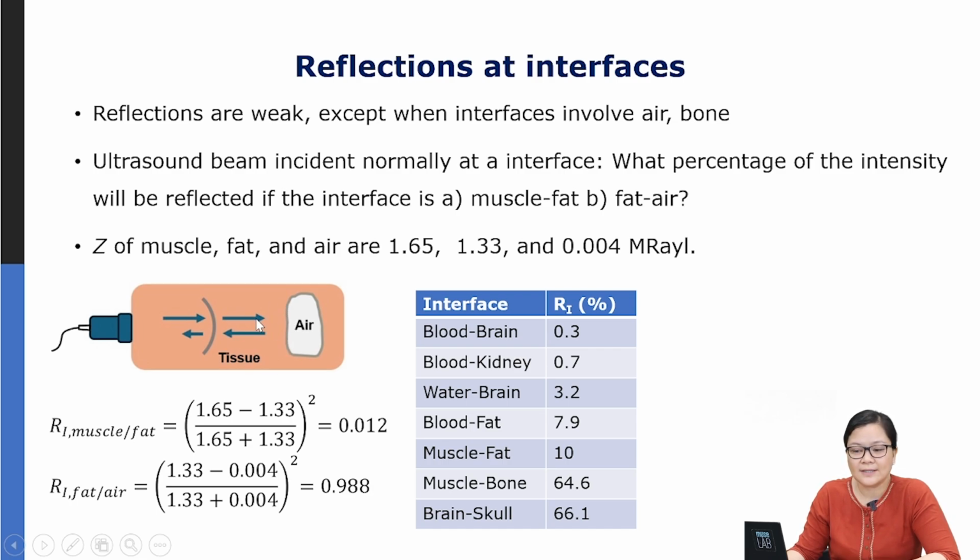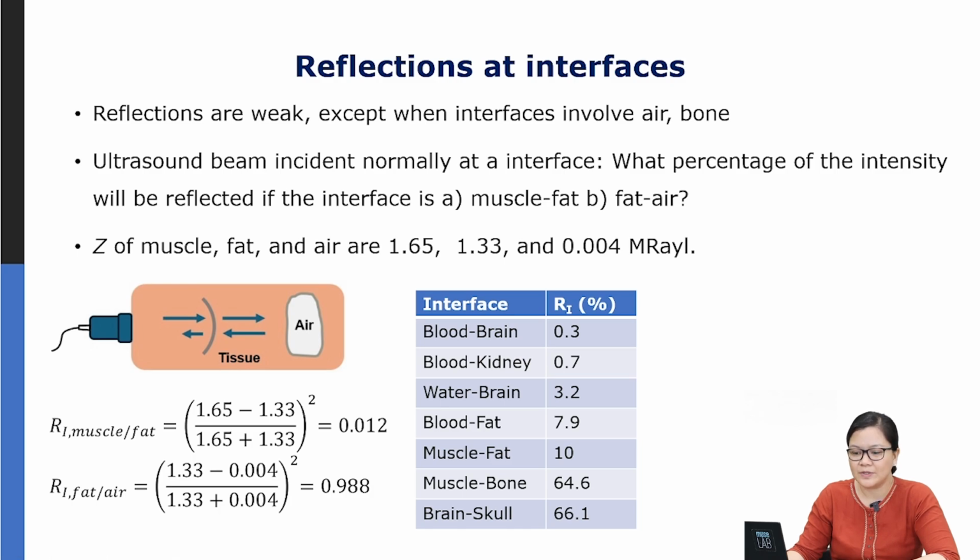So we know that the acoustic impedance of muscle, fat, and air are 1.65, 1.33, and air, being a less dense medium compared to tissues, has really, really low acoustic impedance. So what we would calculate is this using our equation of intensity reflection coefficient.